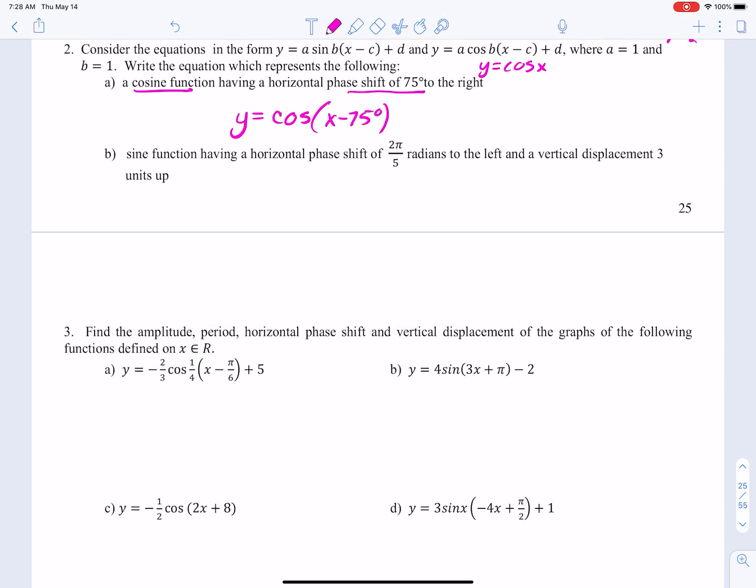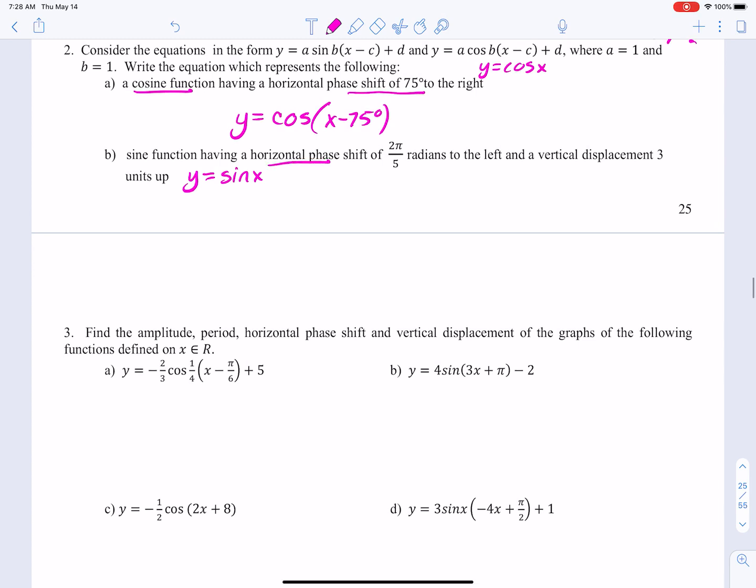All right, now we have a sine function, and again, my base sine function looks like this. So we just have to indicate the transformations. So we have a horizontal phase shift, 2 pi over 5 left, and vertical displacement 3 units up.